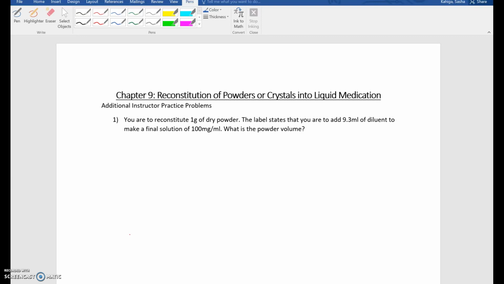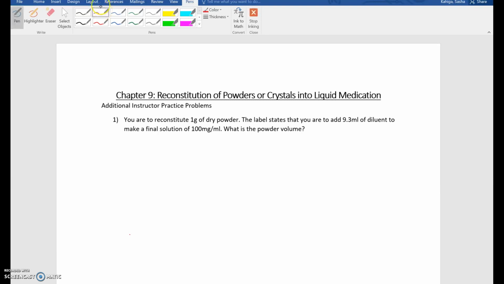All of these problems are powdered drug word problems, and we're going to solve them the same exact way that we were doing within the book. But of course, you're not going to be asked all those different questions. All right, so let's start with number one.